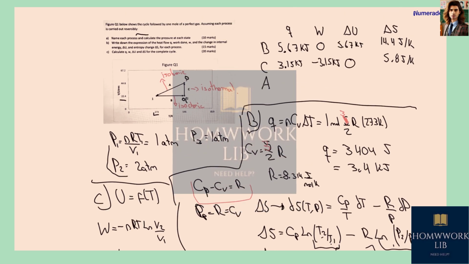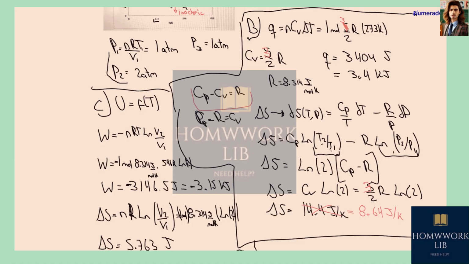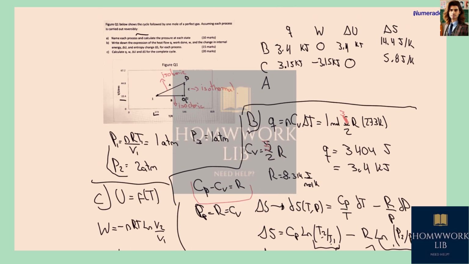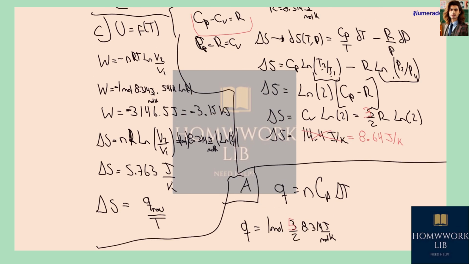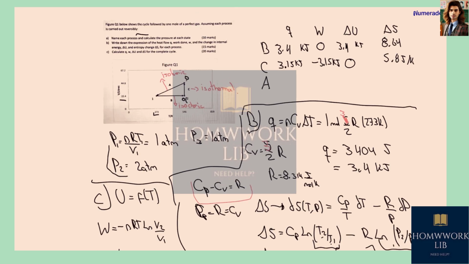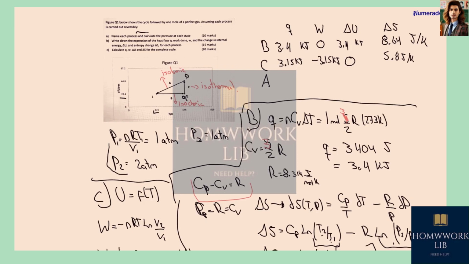So above here on our table, these two values are going to change: 3.4 kilojoules, and delta S should be 8.64 joules per Kelvin. Everything else stays correct as before, so that was the only change. Sorry about that.